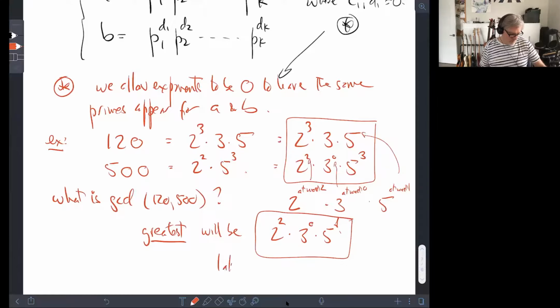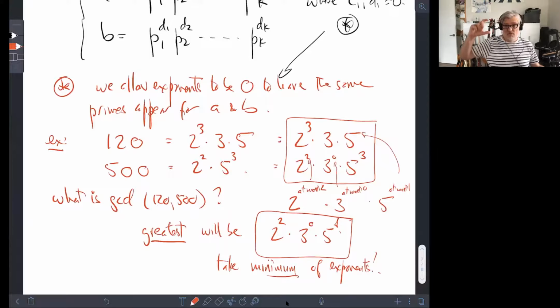Take the minimum of the exponents, right? So that's how I managed to find the greatest common divisor.